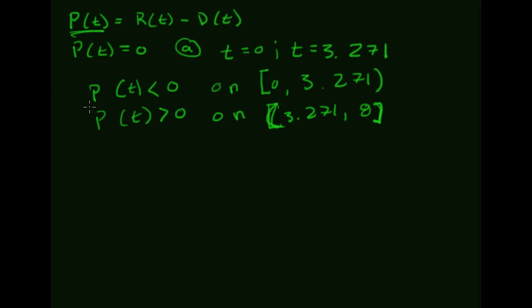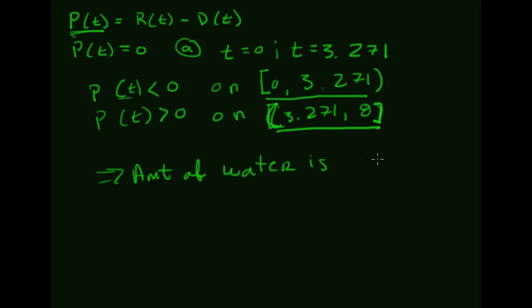All right, so that means that the amount of water in the pipe is decreasing on this interval and then increasing on this, which means that the amount of water is at a minimum when t is 3.271.